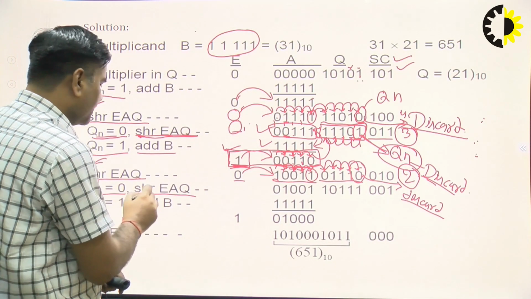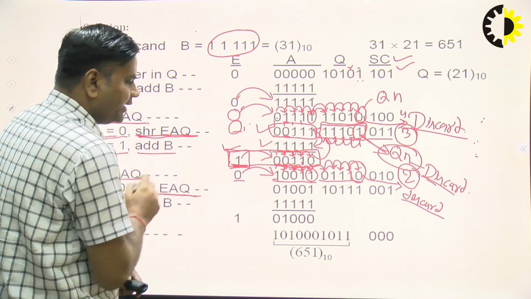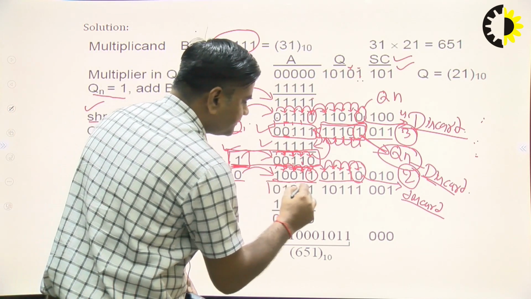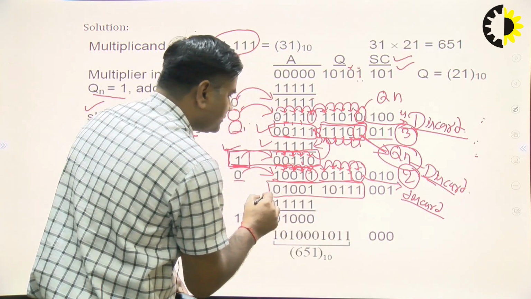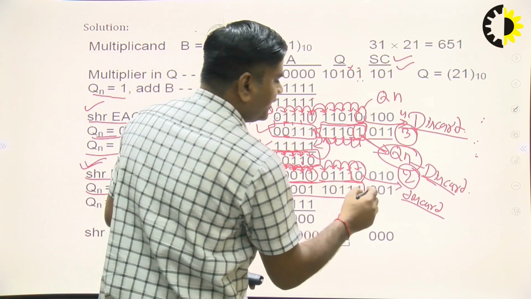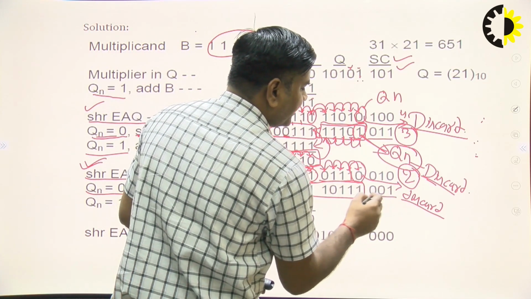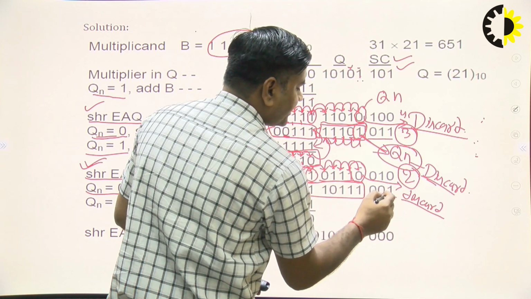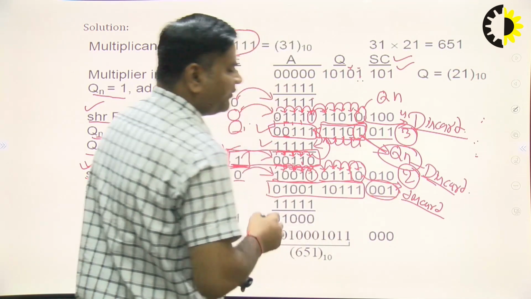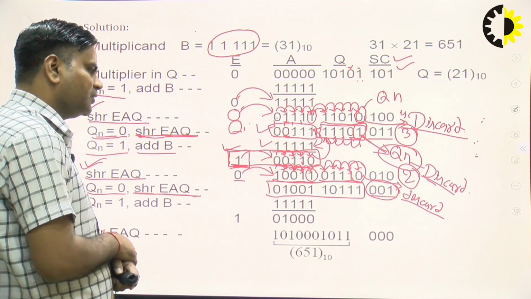After the logical shift right EAQ, we got this result, and after that we have to decrement the counter by 1, that is 2 minus 1, we got 1, and in binary form that is 0 0 1.